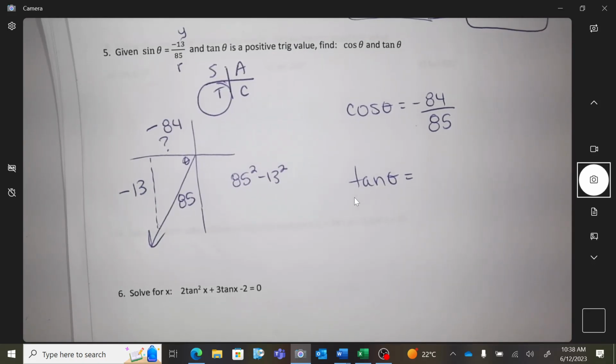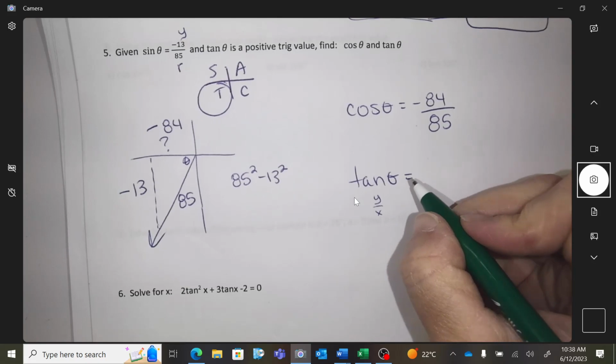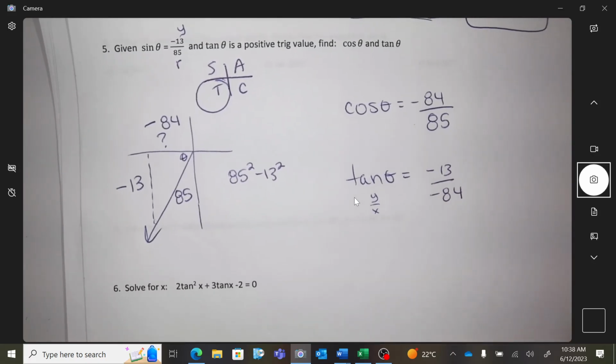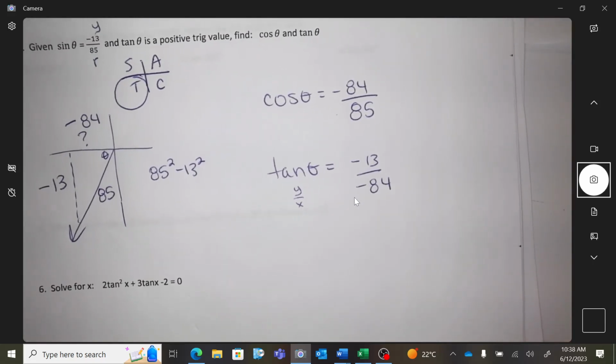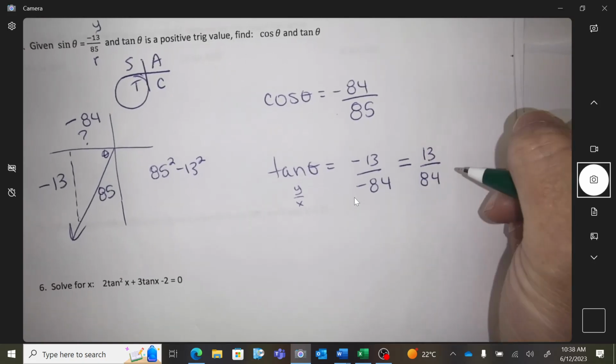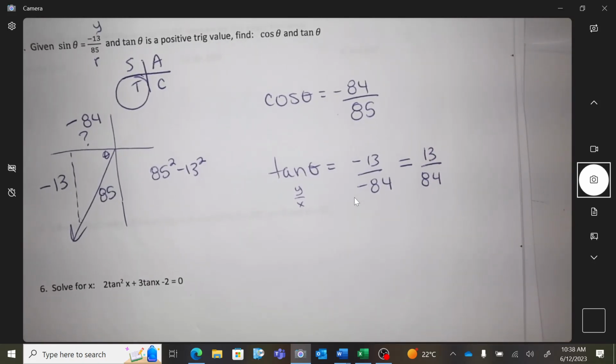And the tan theta is y over x, or you can do opposite over adjacent. But I would really like you to understand that that's a positive fraction. And it should be positive because our ASTC told us it should be positive.